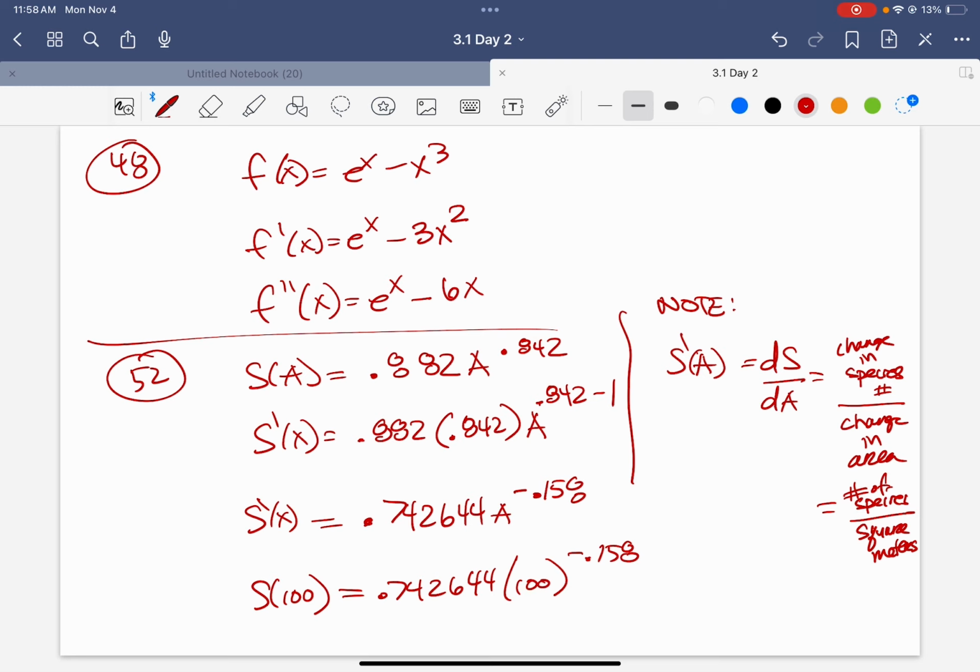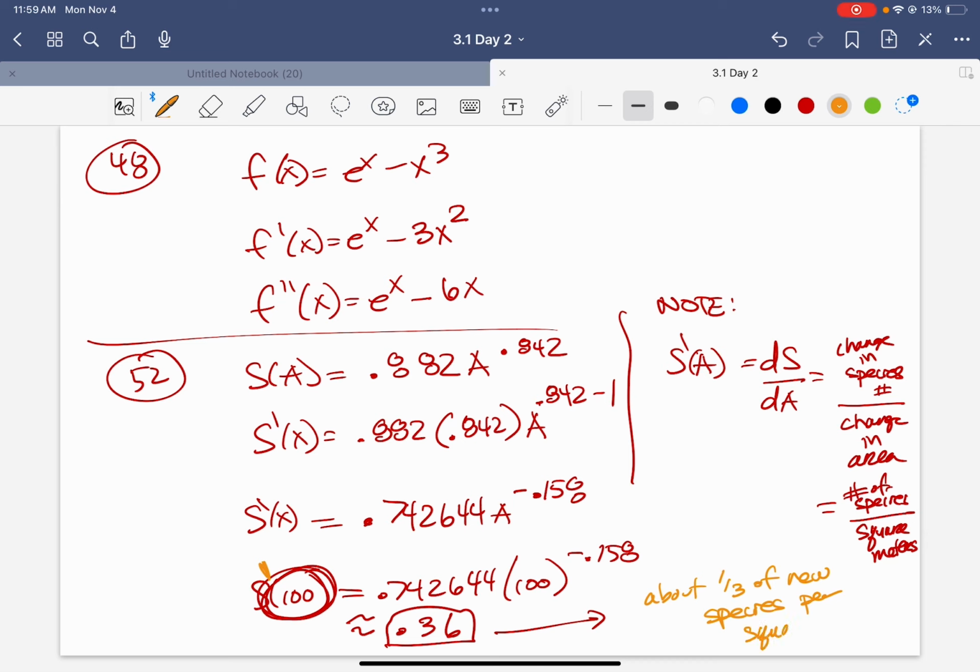So let's take 0.742644 times 100 raised to the, in parentheses, negative 0.158, and we get approximately 0.36, which means at this exact instant that we have 100 different species, the change in species per square meter is about a third of a new species per square meter.